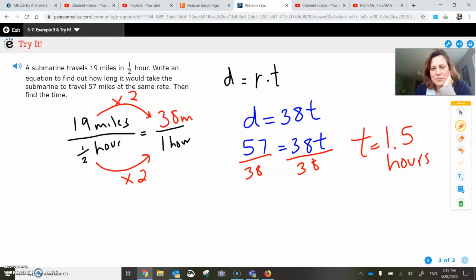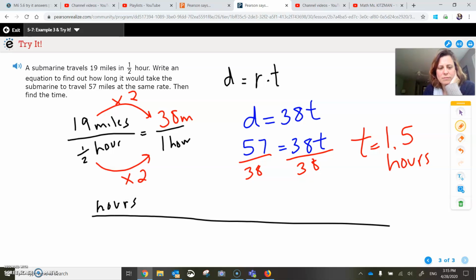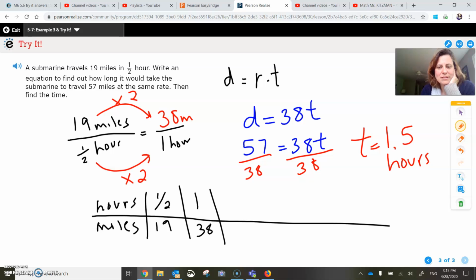I'm trying to think if showing you this on a table would be any easier. Let me think about this here. So if we have the number of hours, kind of thinking out loud, so give me a second here. Number of hours, the number of miles. So in a half an hour you could go 19 miles. In 1 hour you could go 38 miles.